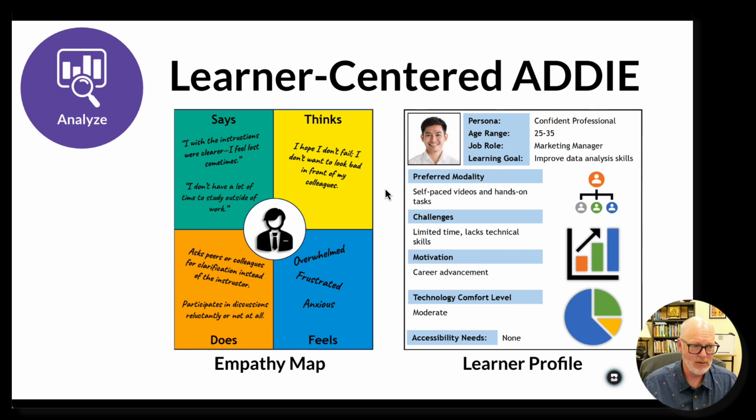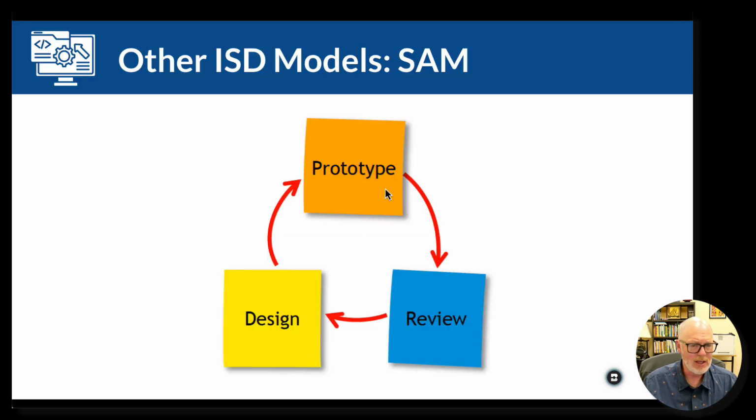I wanted to throw out there that there are some other instructional systems design models out there that you may or may not have heard of. We are in this course really going to focus in on ADDIE, but I think it's important to be aware. I know the book and the article mentions some other ones as well. So let's quickly hit them.